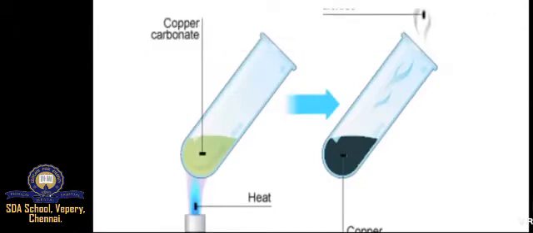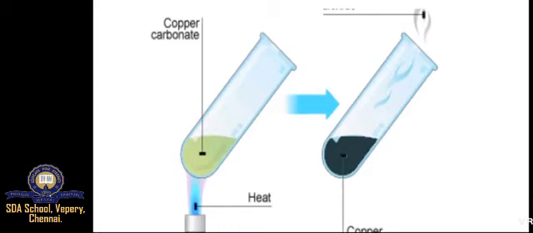Here, the copper carbonate reaction. So previously, see the test tube. Before heating, the copper carbonate is a green color salt. When heat is continuously given to this salt, finally this copper carbonate turns into a black color salt. It forms copper oxide. So this is how the color change takes place in the reaction.